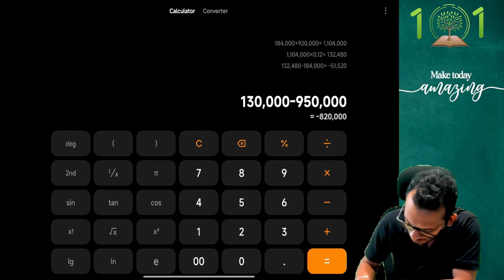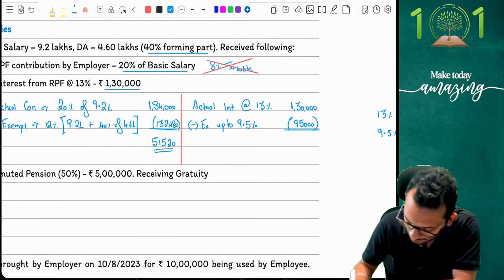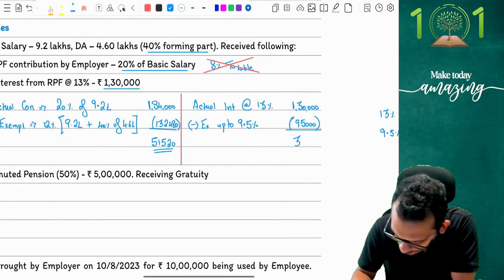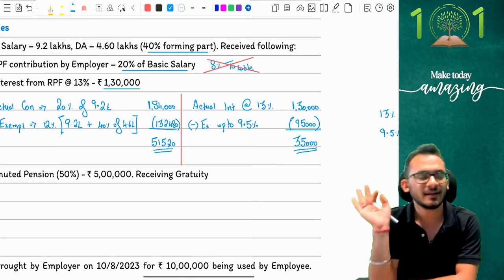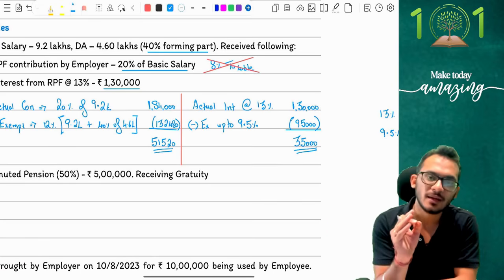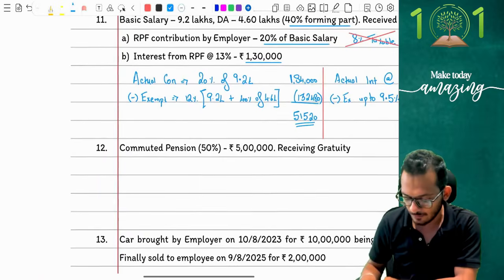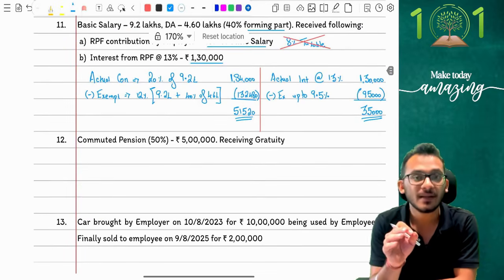The answer comes to 35,000, and 35,000 is my right answer. I hope you got this right, people. Clear enough to go? Any doubts on this part? Be very, very careful on this adjustment. Good to go? Yes? Perfect.